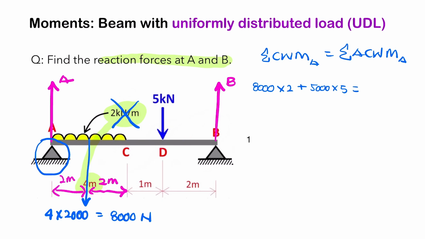And that is equal to the anti-clockwise moment, which is B, which is turning the beam anti-clockwise. So it's B multiplied by this length, which is 2 plus 1 plus 2 plus 2, which is 7. So it's 7B. So we can calculate B directly from that.